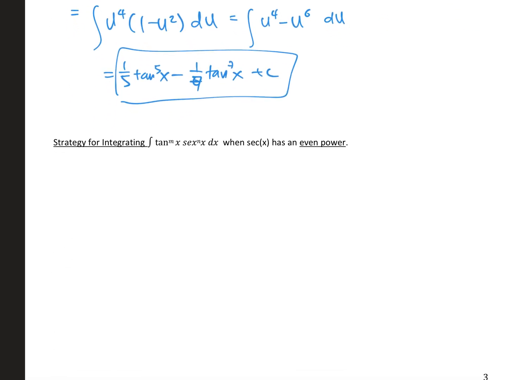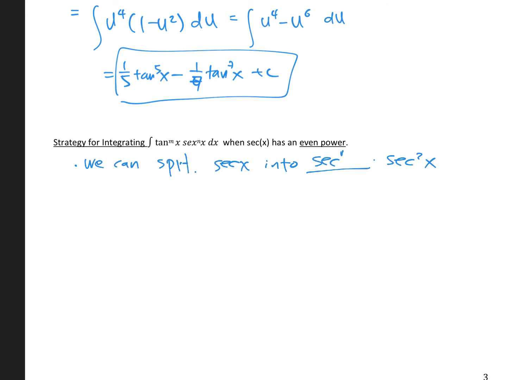We have tangent to some power and secant to some power, where secant has an even power, like fourth power or sixth power. So what we can do is split secant into a bunch of powers times secant squared.